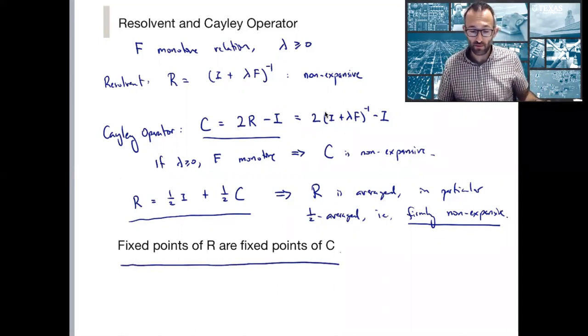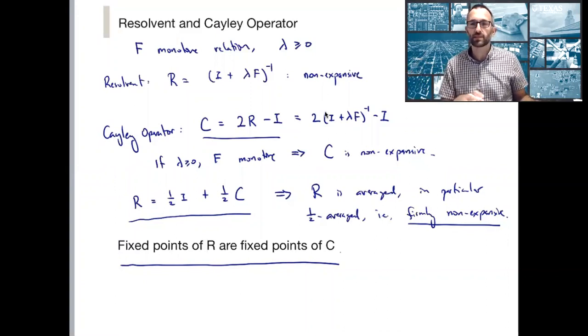In particular, we've already seen that if f corresponds to the subdifferential of a convex function, then the resolvent operator exactly corresponds to the proximal point algorithm. We've seen that the proximal point algorithm's fixed points are the optimal solutions to the convex optimization problem.